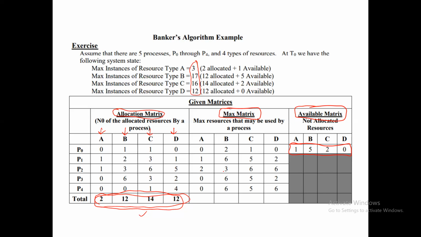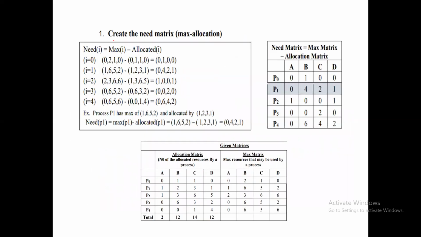In order to do that, we will first have to compute the need matrix. That is, after currently being allotted these many resources, how much further does each individual process require? The first step that we need to do is create the need matrix.